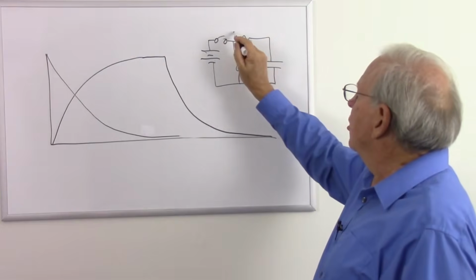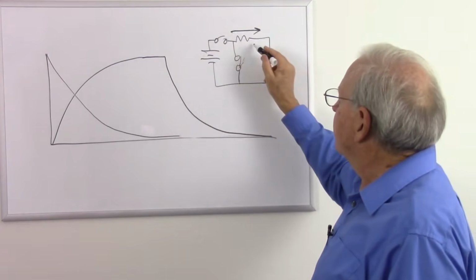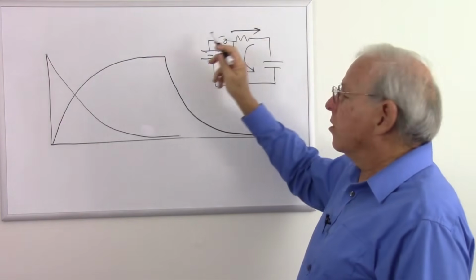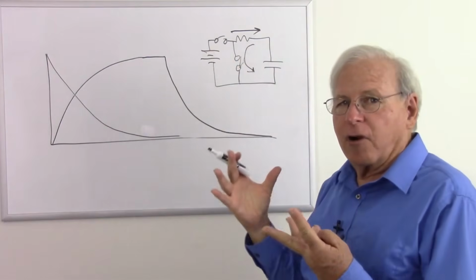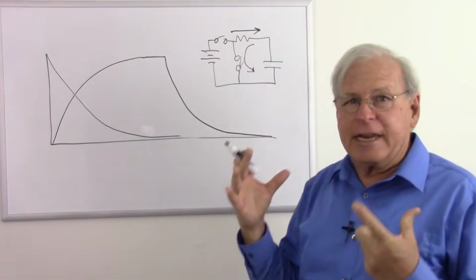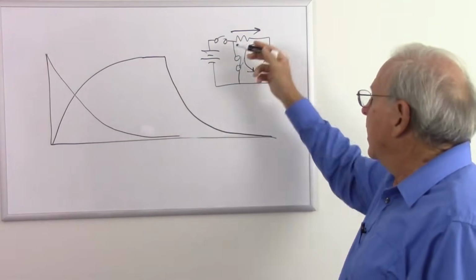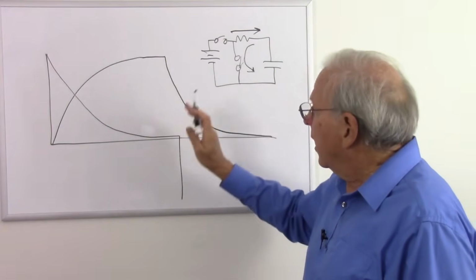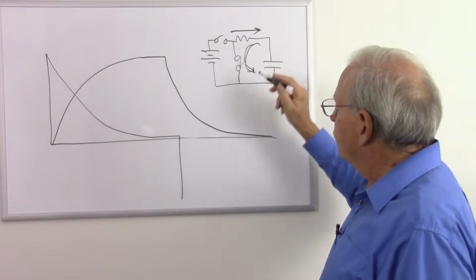When I was charging, current was flowing this way through the capacitor, but when I discharge, it's going to flow the opposite way. When it's flowing one way, that's positive current. Flowing the other way, it's negative current. It's rather arbitrary, but if I say negative current, that's all I mean. Positive current is flowing one way, negative current is flowing the other way, and we'll graph that as a negative current.